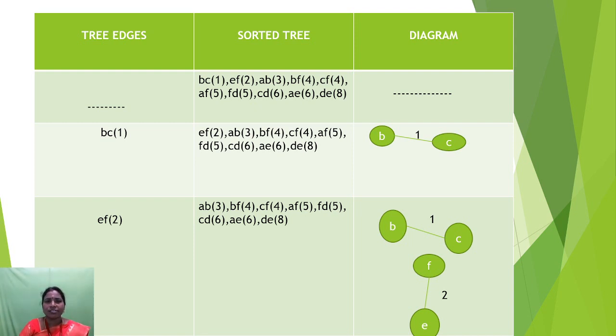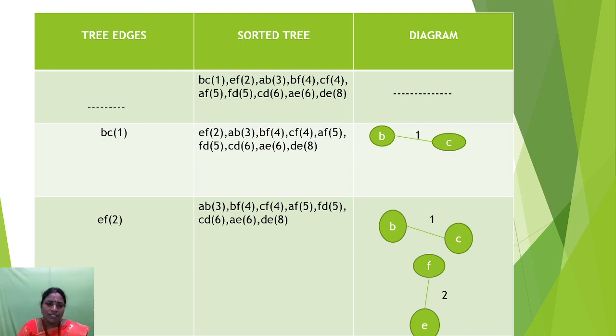This is the sorted tree method initially. I am not doing anything else in the first step, I just arrange from lower to higher. There is no diagram initially because we can perform only the sorting operation here.